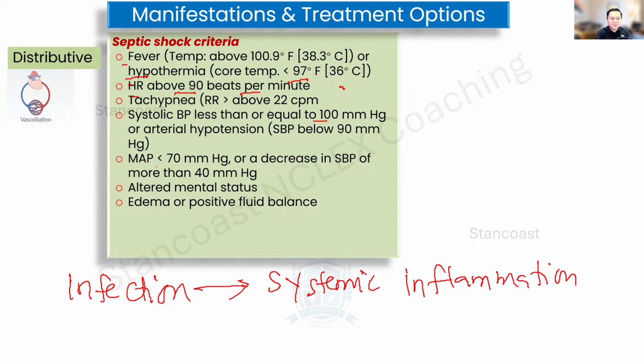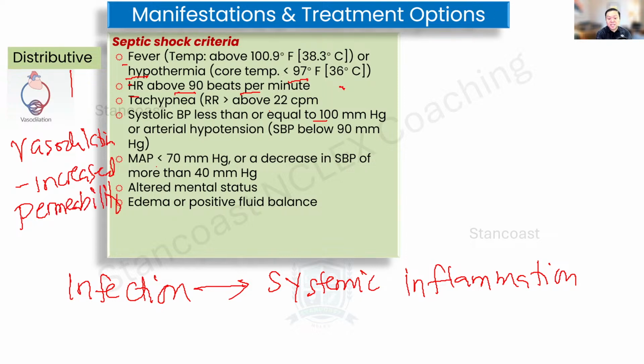Remember about the distributive shock, that there is vasodilation and also increased capillary permeability, which will allow the fluids to leak from the blood vessels into the interstitial spaces. And so there is going to be the presence of edema, or what we call positive fluid balance. This is caused by increased capillary permeability. That's a bad sign, guys.